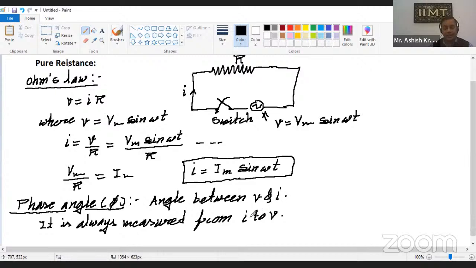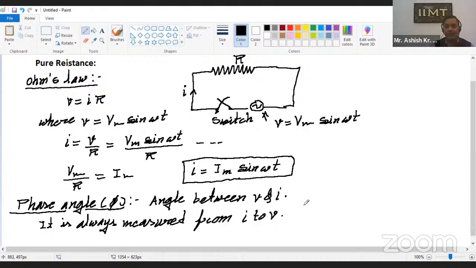Why is it measured from current to voltage? Because the result is I, and the result is directly proportional to the response. So for measuring angle, we always measure phase angle from I to V. For finding the relation between voltage and current, what is the phase angle between V and I, we have to draw a phasor diagram.